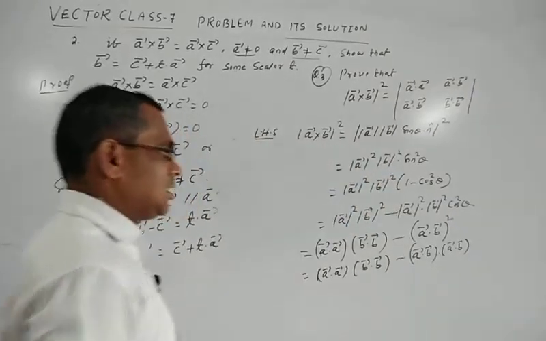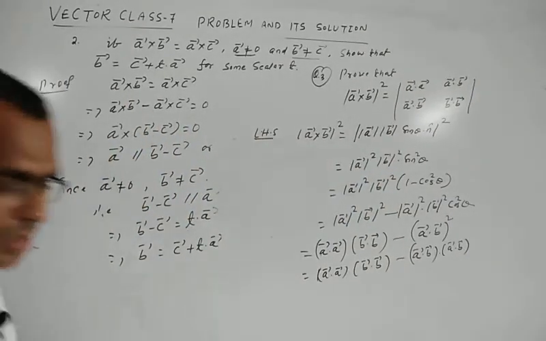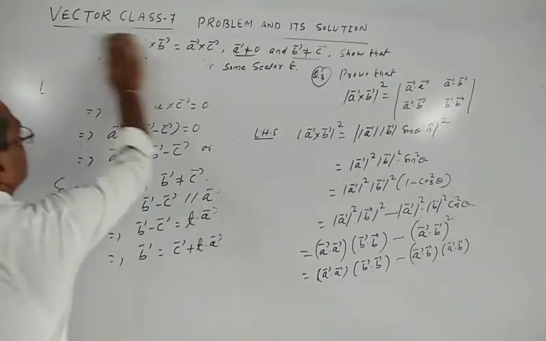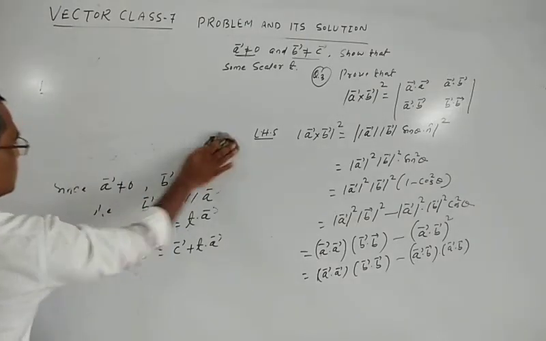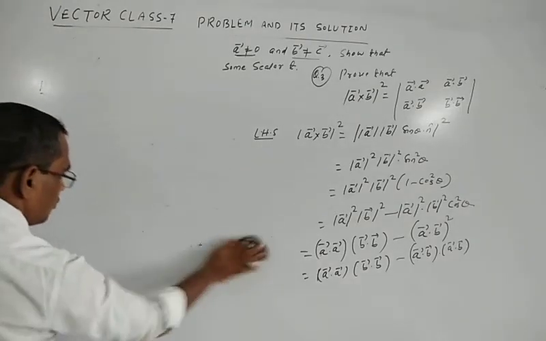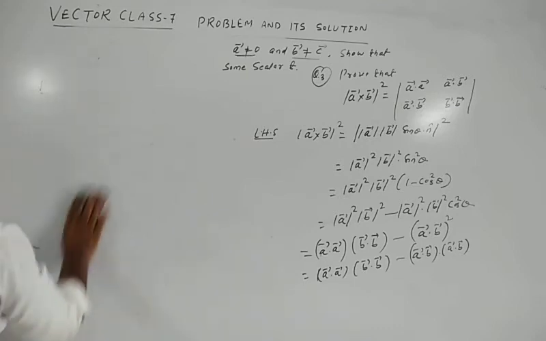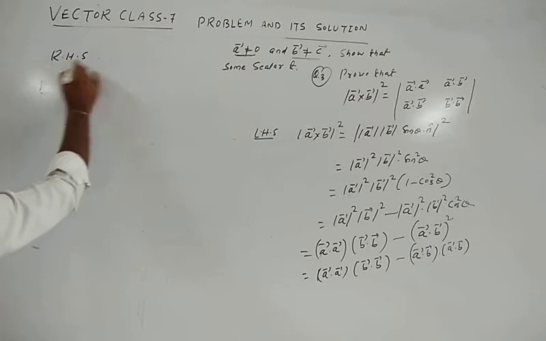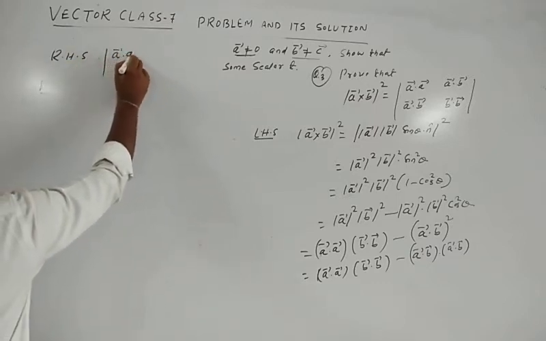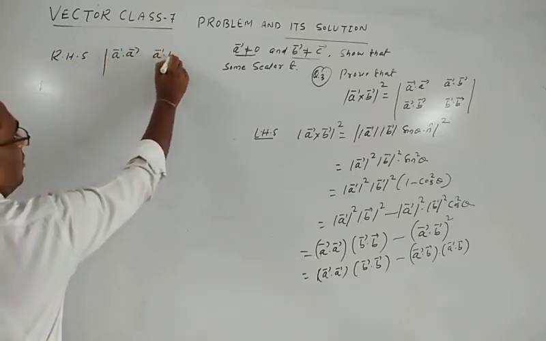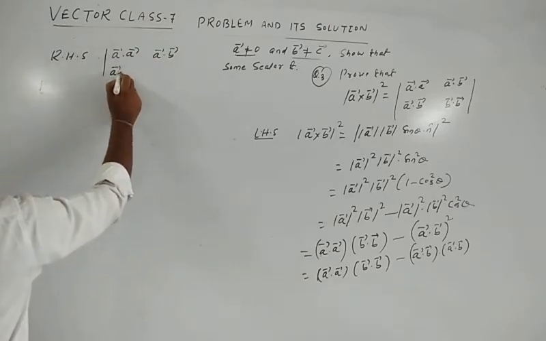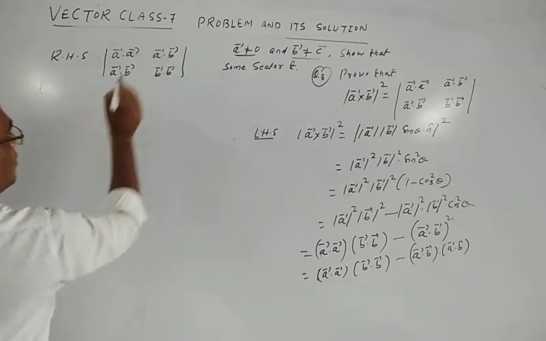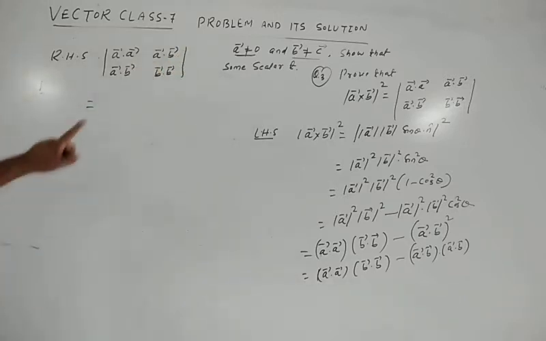So this is the LHS part. But what is the RHS part? Now we expand this determinant. Here RHS is A dot A, A dot B, A dot B, and B dot B. This is a second order determinant.